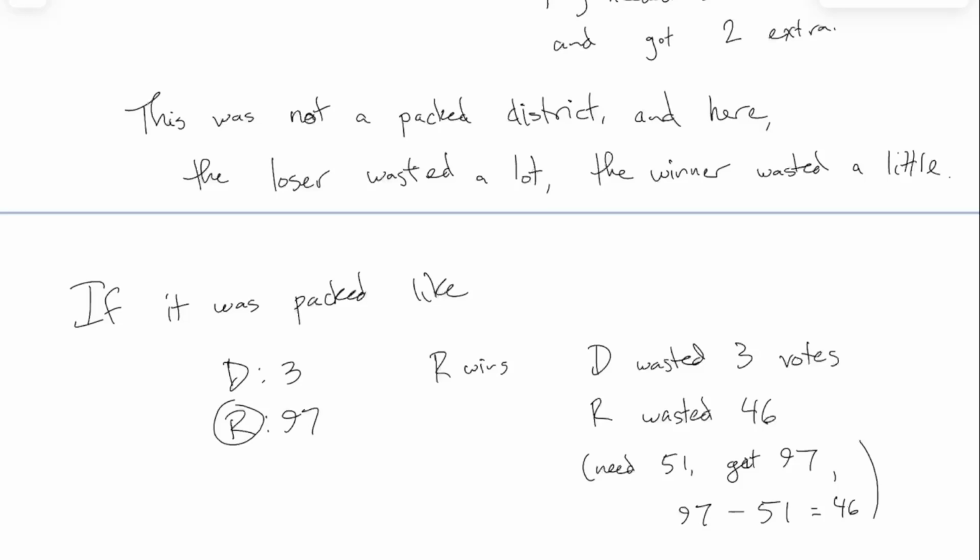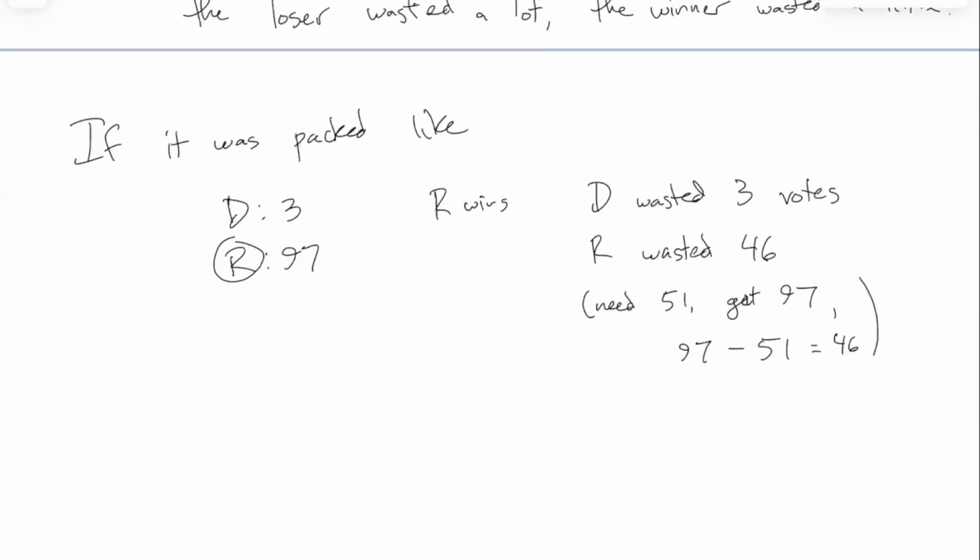The Republicans wasted 46. All right. And so you can see here, in a packed district, the winner wastes a lot and the loser wastes a little, which is the opposite of what I said here. If the district is not packed, the loser wasted a lot and the winner wasted a little. But in this example, it was packed, the winner wasted a lot and the loser wasted a little.